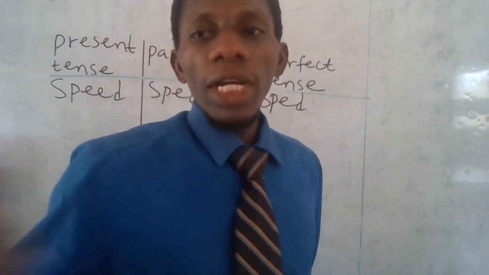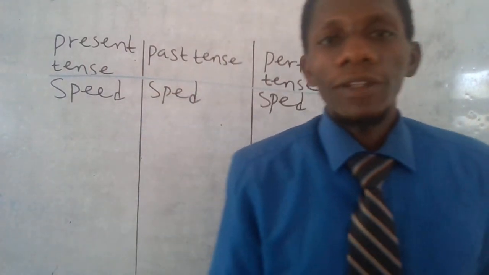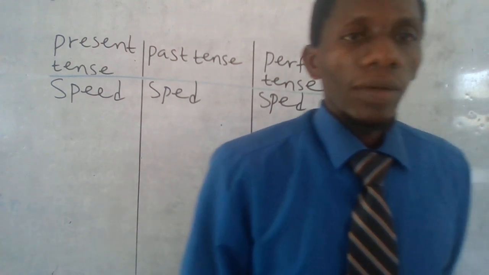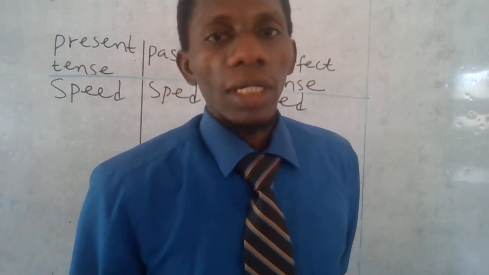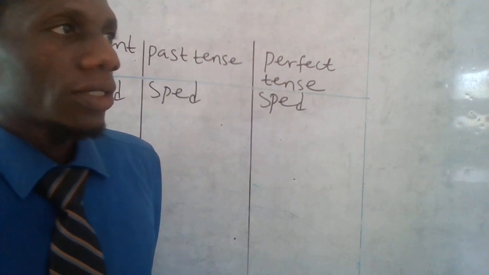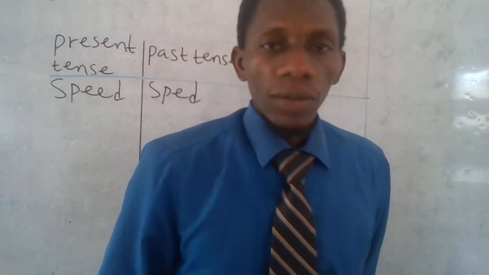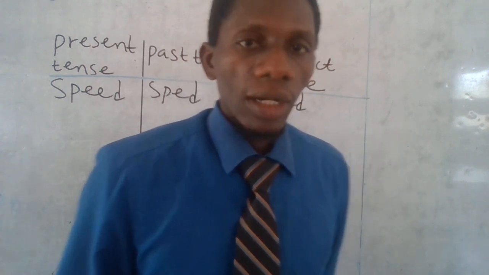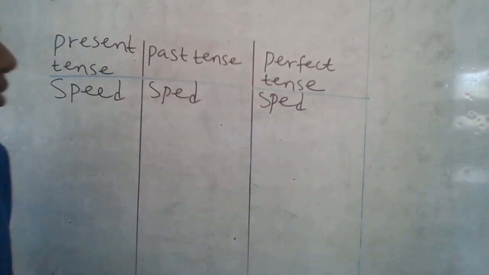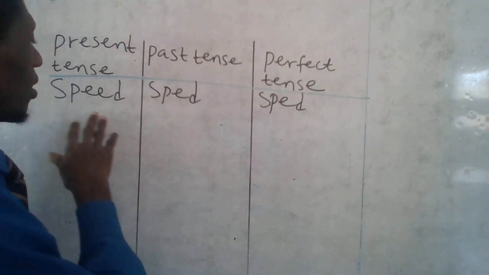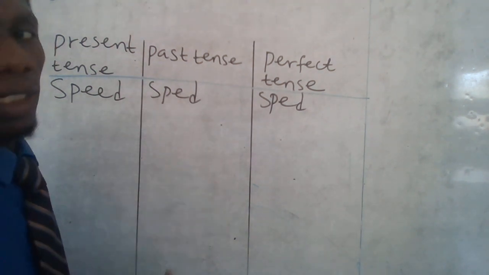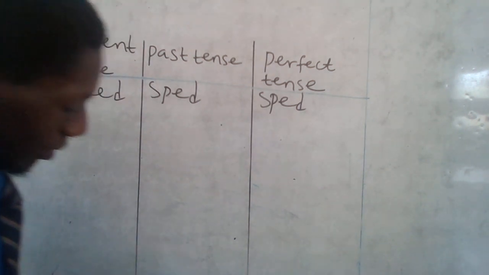Speed is when you are on a fast move, when you move faster. We say that you're speeding. For example, your car may be speeding at 180 on the speedometer, or maybe kilometers per hour. So that's the meaning of speed. Then the past tense for speed is sped.